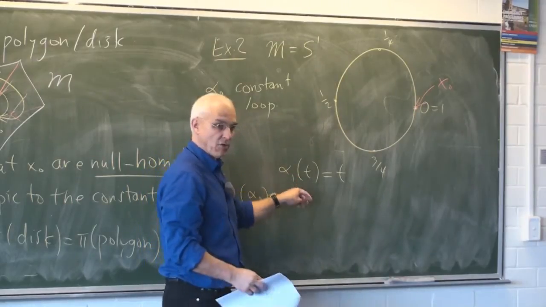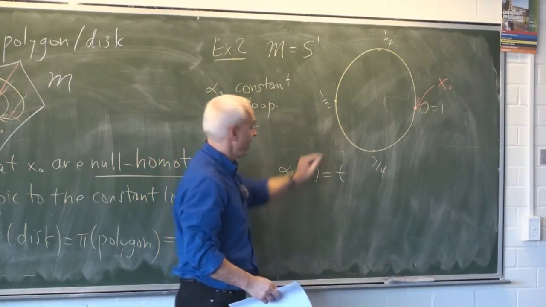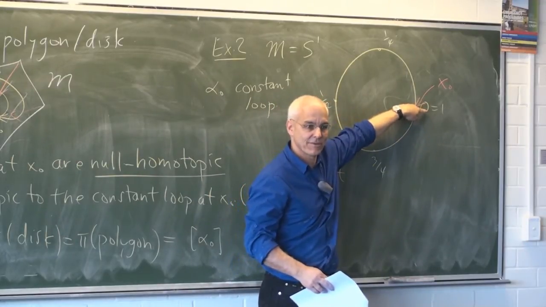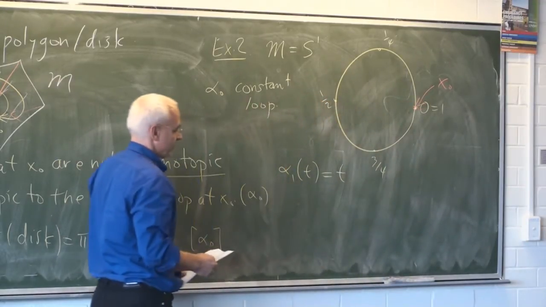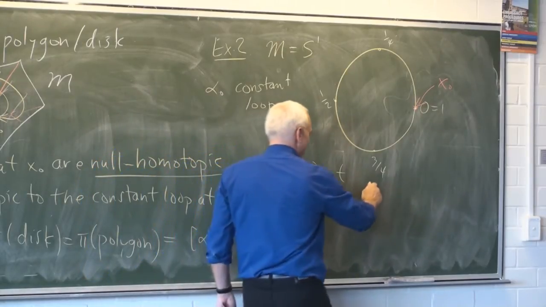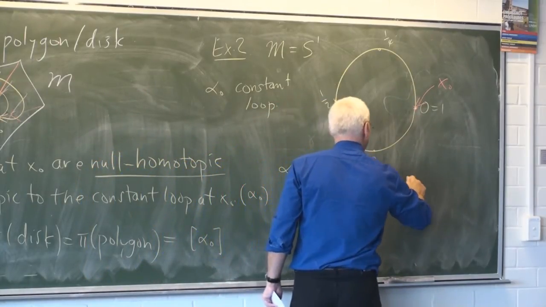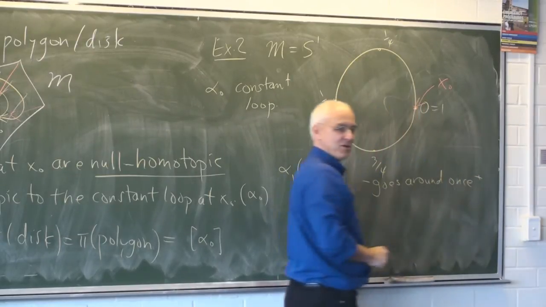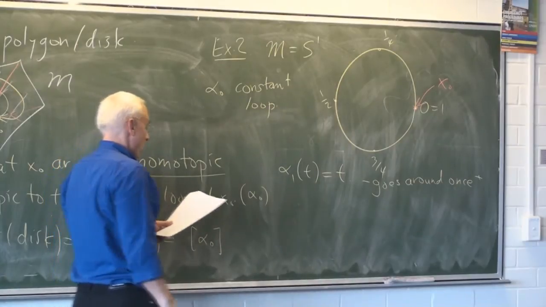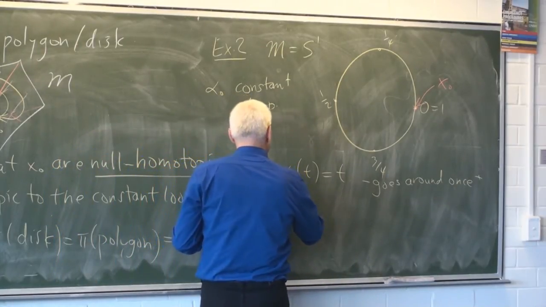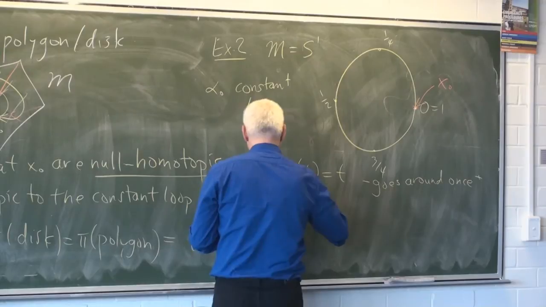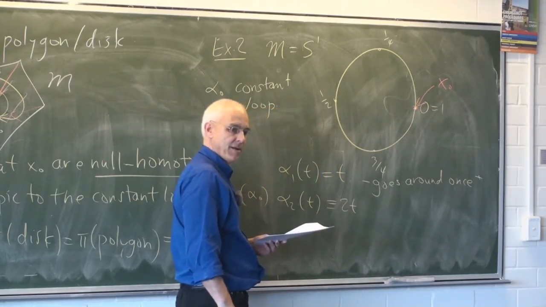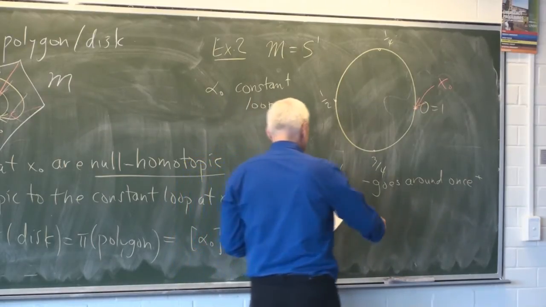As t ranges from 0 to 1, that means we're just going around once. So that's going around once in the positive direction. Or we could define alpha 2 of t to be 2t, but we should do it mod 1.